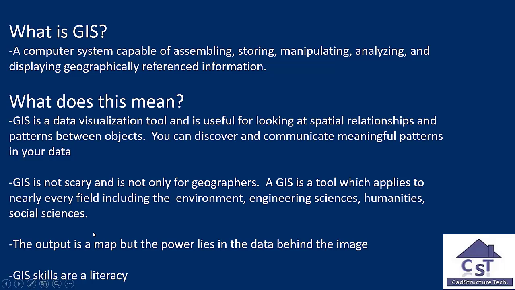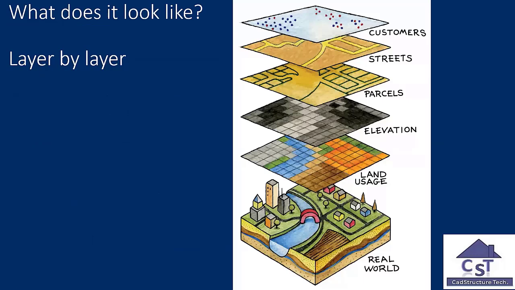Whether you are talking about location intelligence, location mapping, route design, or your site layout, the output of all the GIS data will be on a map. Okay, and then you require GIS skills and literacies. Now, from my previous explanation, I mentioned GIS is displayed layer by layer.